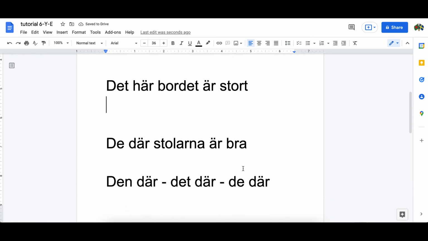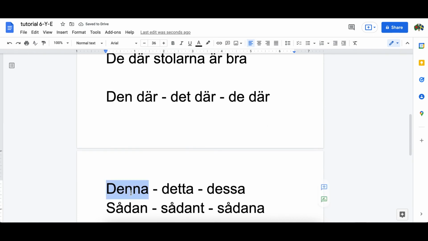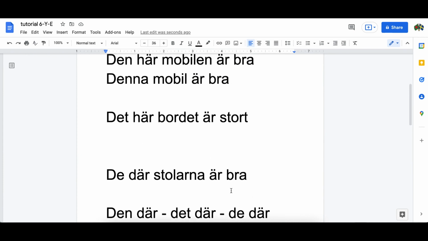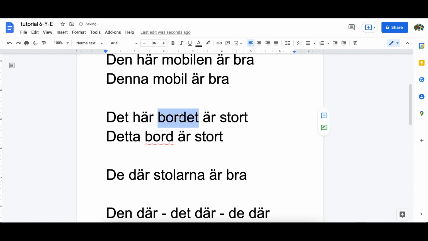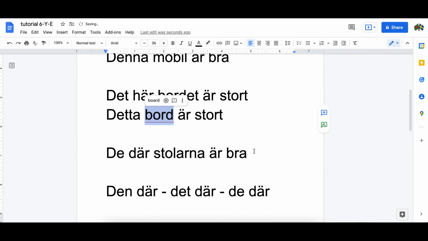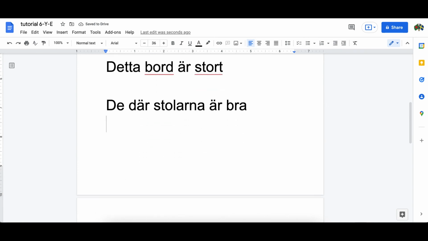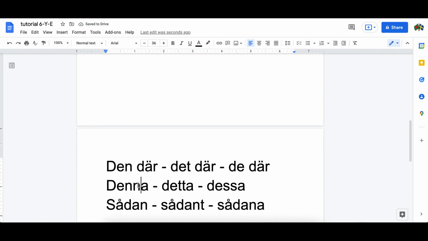Det är samma sak här. Ni ser här, vi har skrivit denna, detta och dessa. Så när vi ska säga det här bordet, vi kan också säga detta bord är stort. So when we use detta, then we don't write the word bordet. We just write the word bord. Samma här. Först denna, detta, dessa.